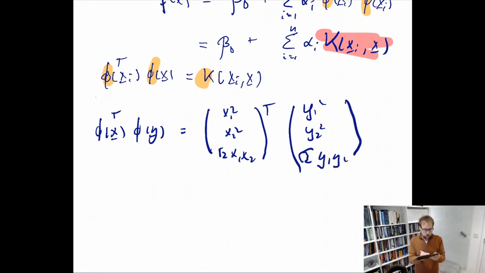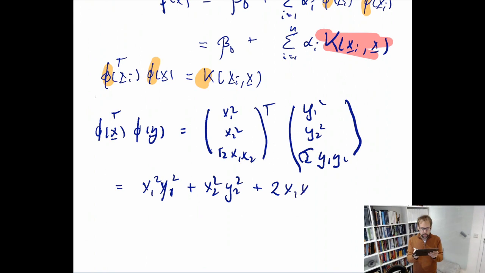If you work this out, you will get x1 squared times y1 squared plus x2 squared times y2 squared plus 2 x1 x2 y1 y2.